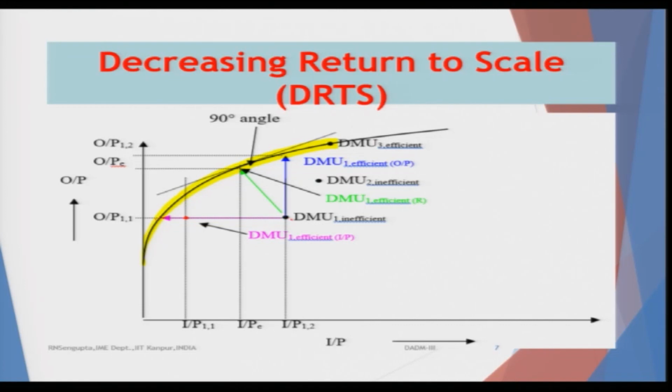And if I go in the so-called radial or tangential direction, this inefficient DMU will try to reach this graph where the electronic pointer is highlighting, such that it is tangent to this graph, in the sense that there would be some proportional decrease in the input and a proportional increase in the output also, because the output initially was this. So, the output would increase by this amount and the input would decrease by this amount.